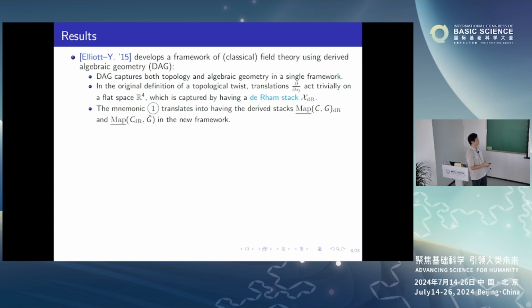And this is a mapping space. So by definition, mapping space from C to BG is what is called the Bun G. And yes. So anyway, it's having de Rham here and there. These are exactly sort of the responsible for this having fundamental asymmetry or having flat here or there.